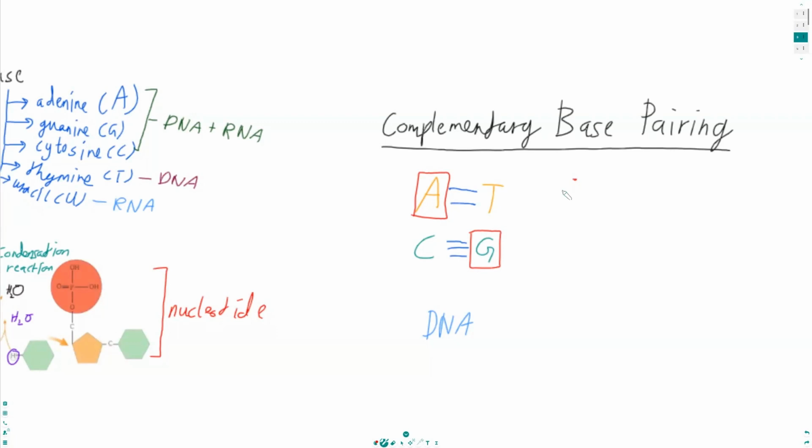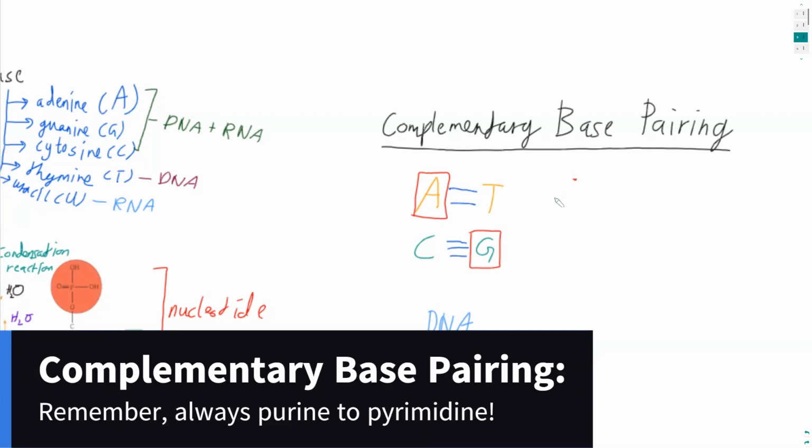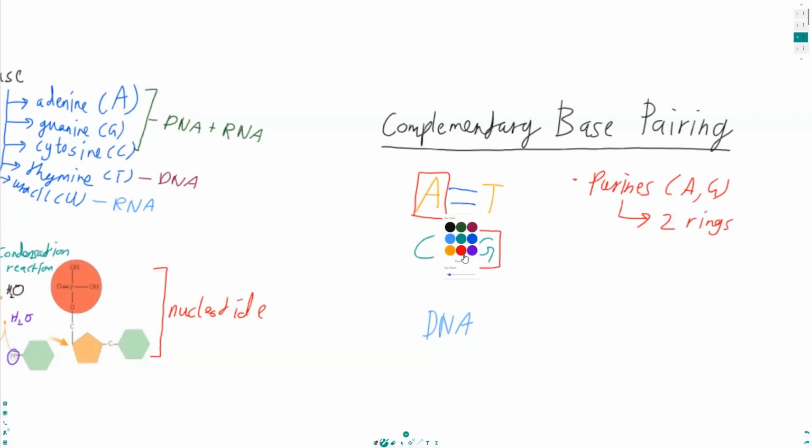Let me double check. Adenine and guanine are the purines. And what this means is that they are made up of 2 rings. They have 2 rings in their structure. That's all you need to know.